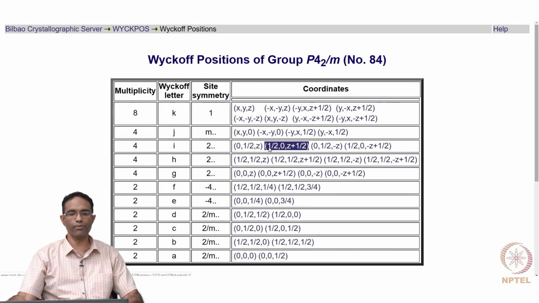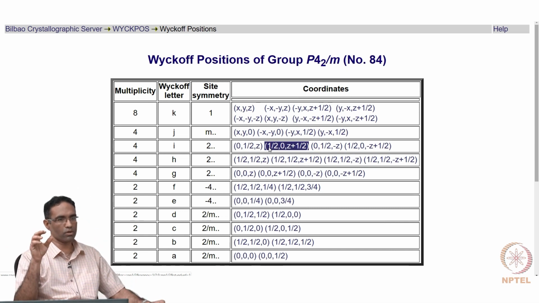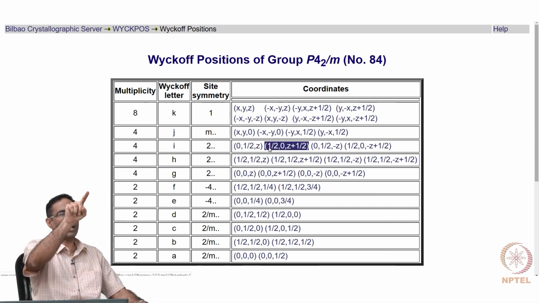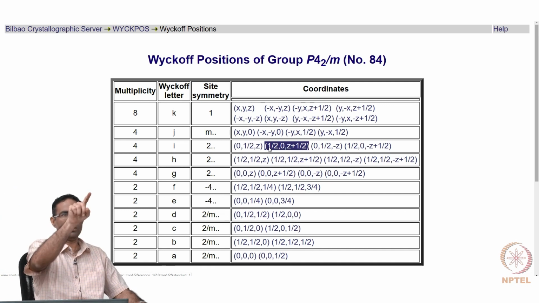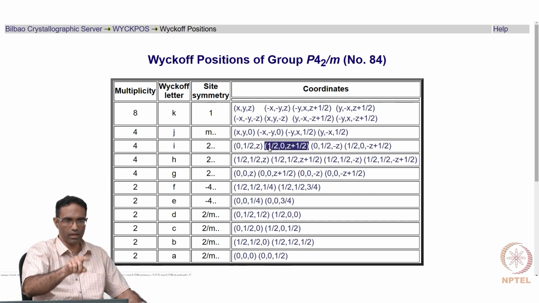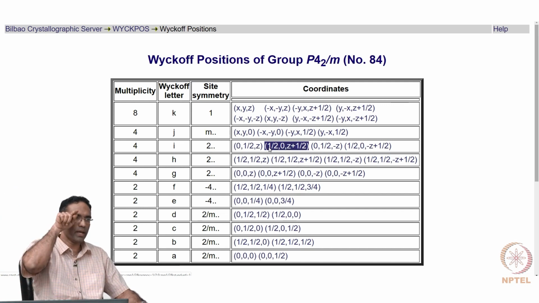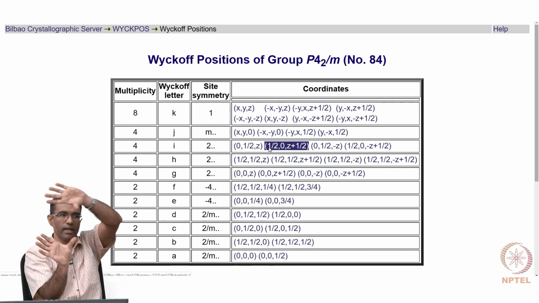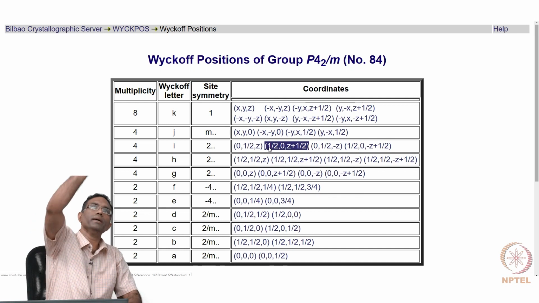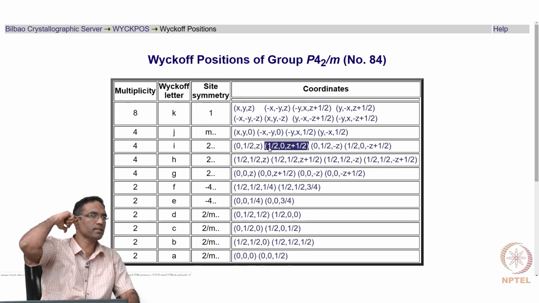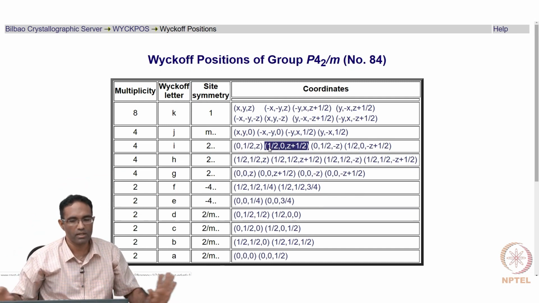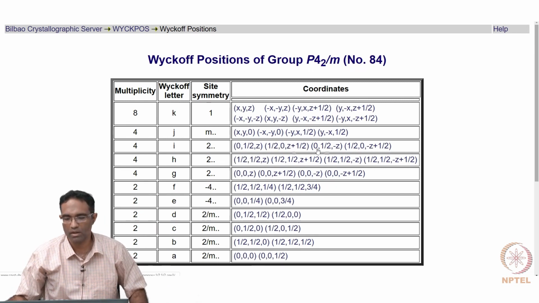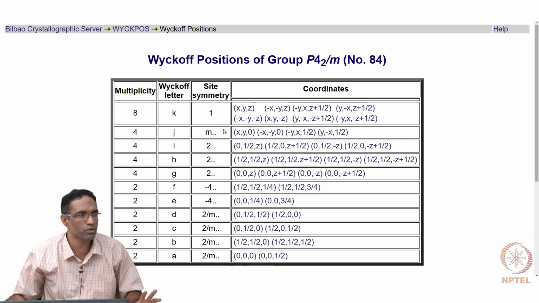In the standard or default setting, the b axis is going to be horizontal, the a axis will be vertically pointing downwards, and you will be looking at it from the c axis. Which is essentially saying that a axis is horizontal, b axis vertically pointing up, and c axis is pointing outside the plane of the paper. The simple, not confusing at all system that is being used for this structure.